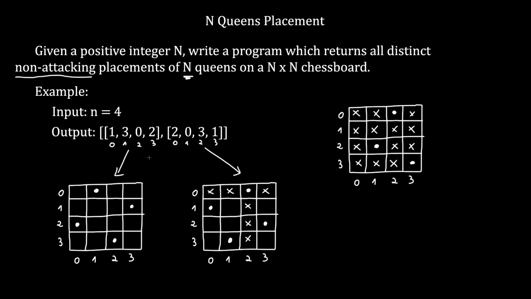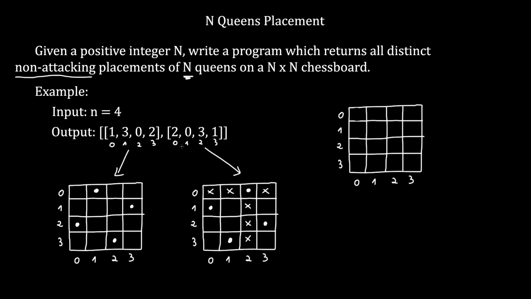And also, based on the second observation, that there are no two queens on the same column, as you can see, these numbers are distinct. So each array from the output is actually a permutation of the set 0, 1, 2, ..., n-1. Awesome. Now that we really understood what the output is and what the problem asks us, let's jump into the solution.